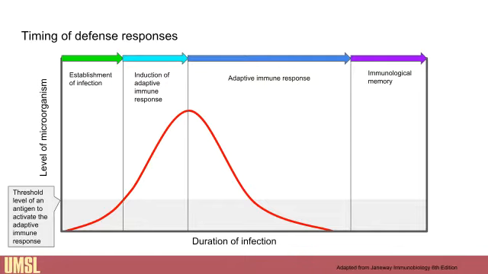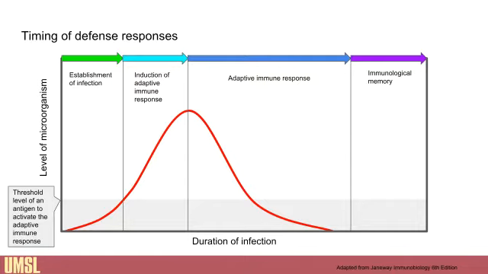So there are a couple of things that happen for me here. One is that this gray area here, we can think of as the domain of our innate immune system, where it's very effective. It's very effective in dealing with low abundance of a particular microorganism in your body, and especially localized infections.